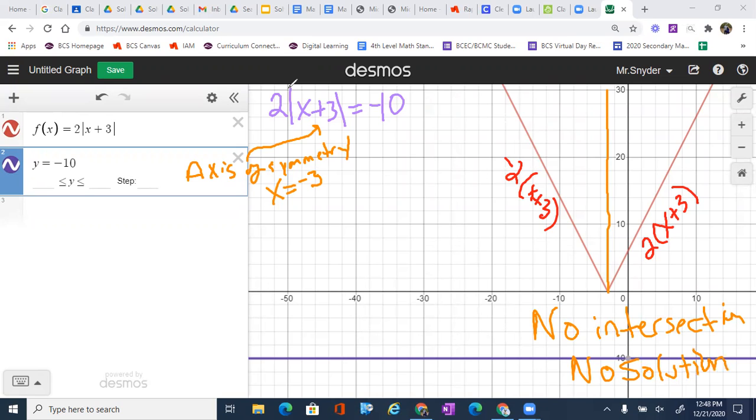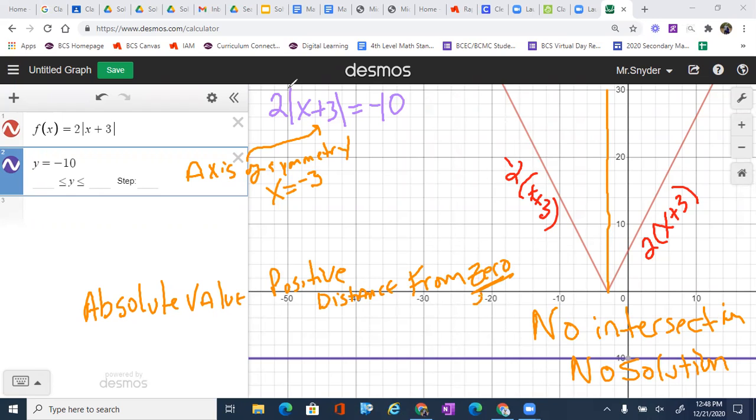Well, let's think about why. Absolute value means what? It is the positive distance from 0. But it's not always 0. What we mean by 0 is really the axis of symmetry.